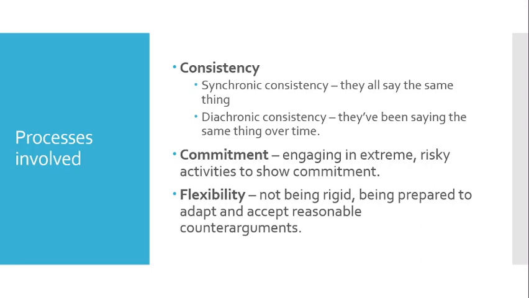And the second kind of consistency that makes a difference is called diachronic consistency, which means that over time they're giving the same message. So if you think about some kinds of minority influence, they've taken a long time to make a difference and to make a change.